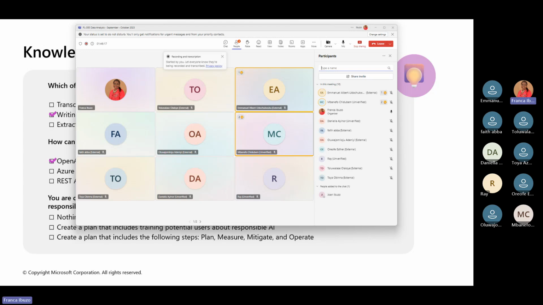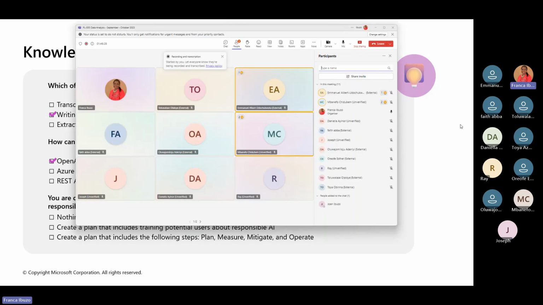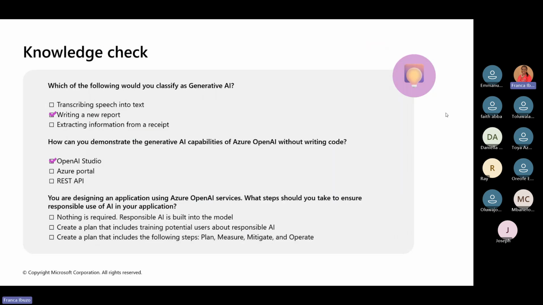Or your hand's still up? Okay, the third one. Who wants to take the third one? Somebody was speaking. I said I agree with you. Okay, Mbanefo, is that you? Okay, so who wants to take the third one?